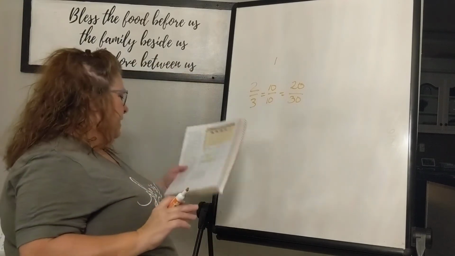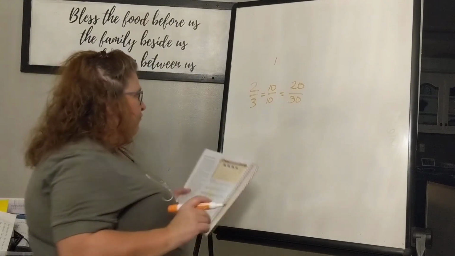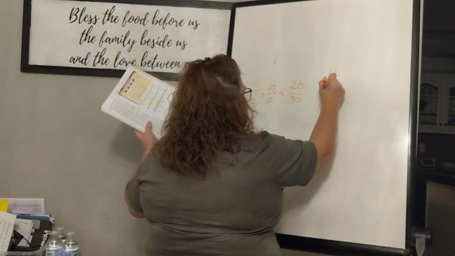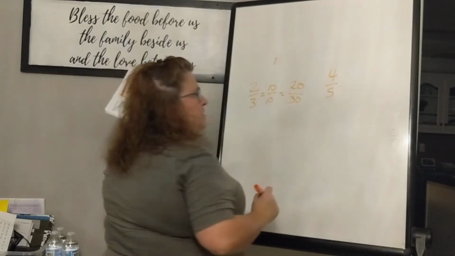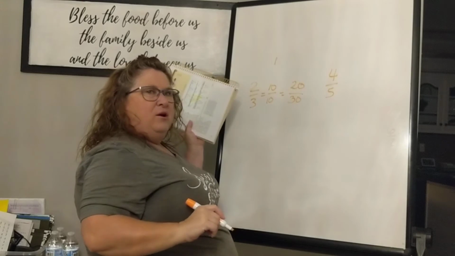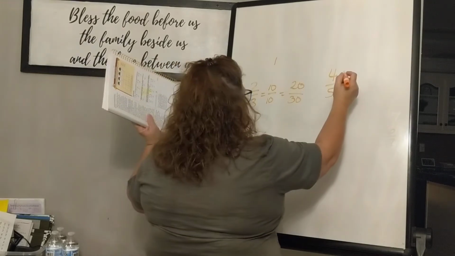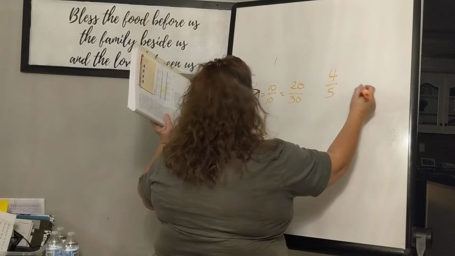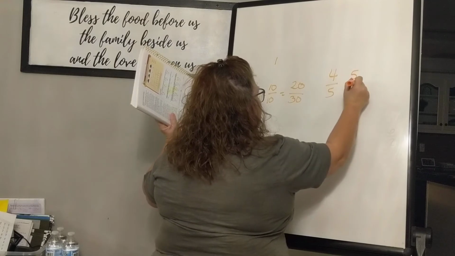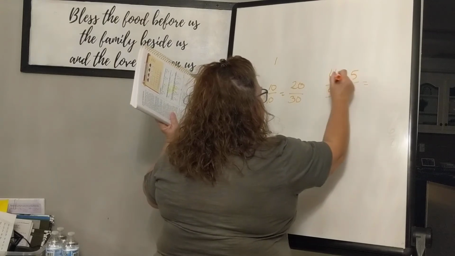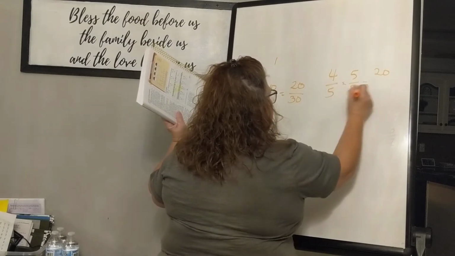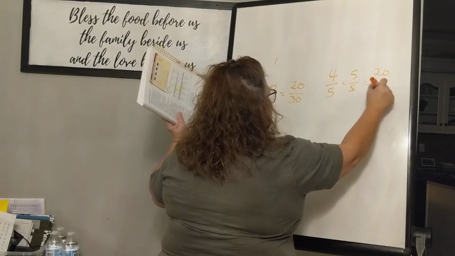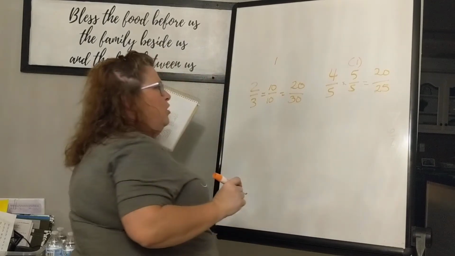It's that easy. Let's look at 4 over 5. This time let's make our 1 be 5 over 5. So 4 times 5 equals 20. 5 times 5 equals 25. 5 over 5 is our 1 we multiplied by.